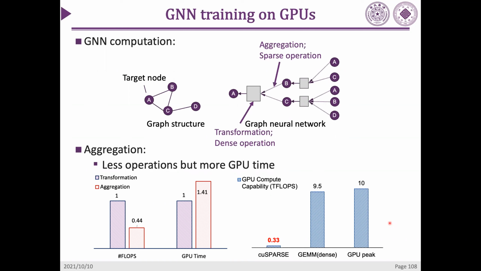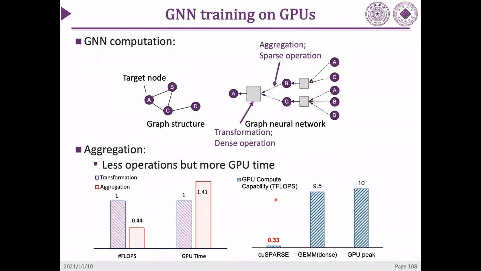The figure on the left suggests that in GNN, the aggregation step requires fewer operations but more GPU time. You can see the transformation's flops are larger than the aggregation's, but the GPU time of the aggregation is larger than the transformation part because it is very sparse.